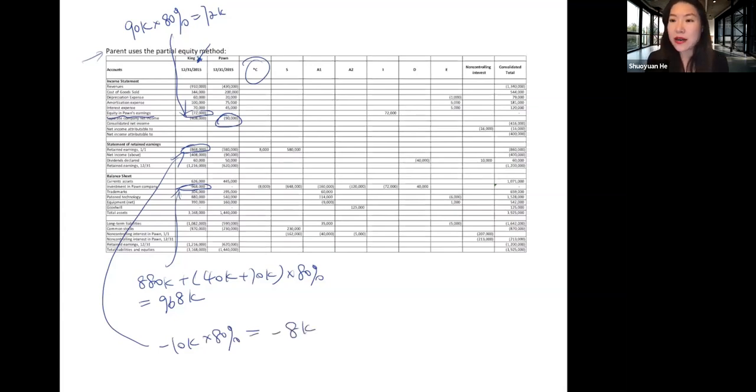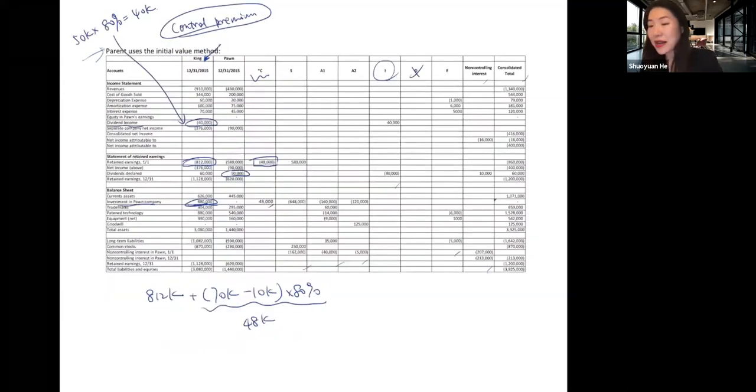Because the retained earning balance is on the credit side, in order to decrease the retained earning, we debit 8,000 retained earning and decrease the investment account by 8,000. Everything else is very similar to what we talked about before. Again, if you have any question, come to my office hour or send me an email.